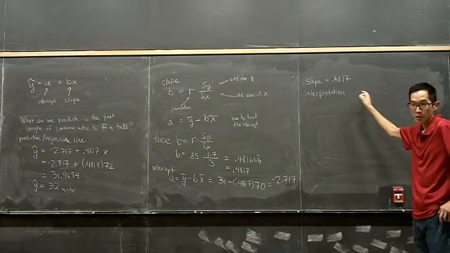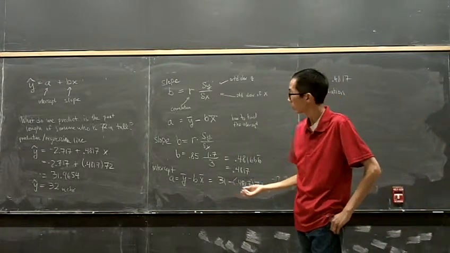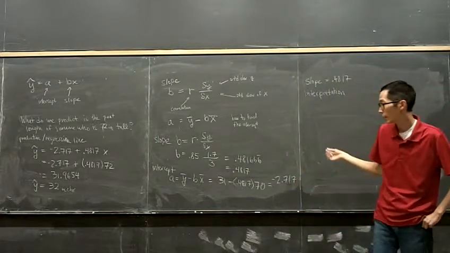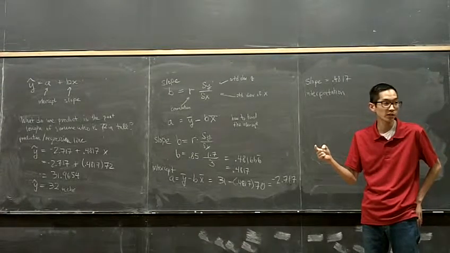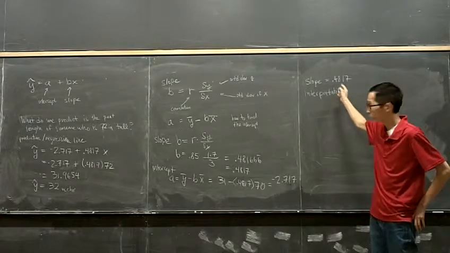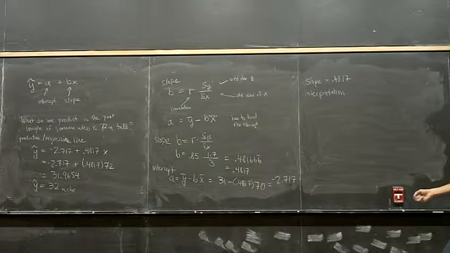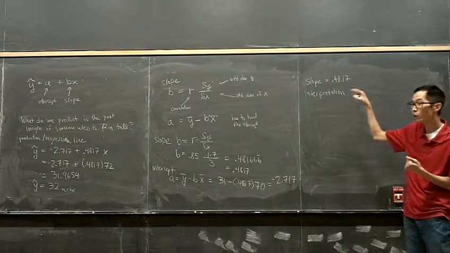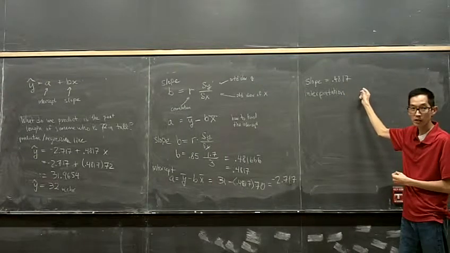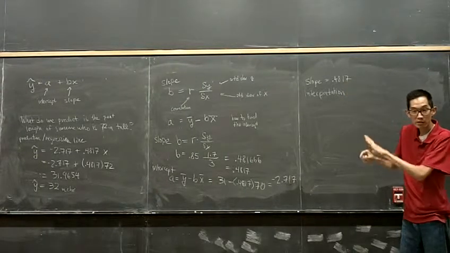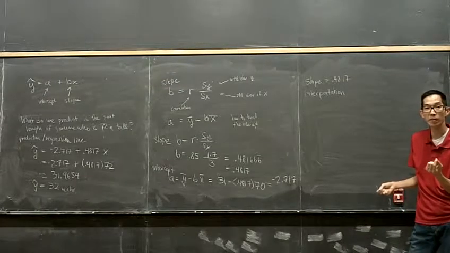Okay? What it does tell us is it tells us about our predictions. Okay? And it says that if x goes up by 1, how much is y going to change? By 0.4817. Okay? So if I increase x by 1, my prediction for y, my y hat, increases by 0.4817. So in the context of this example, what does it mean to increase x by 1?